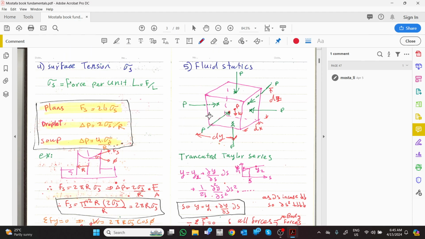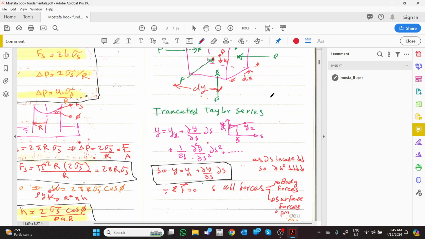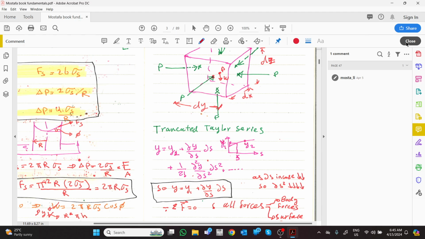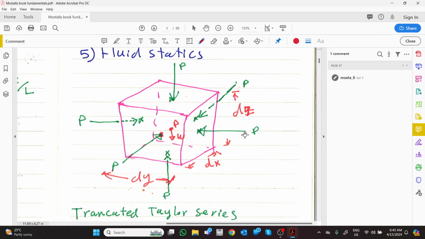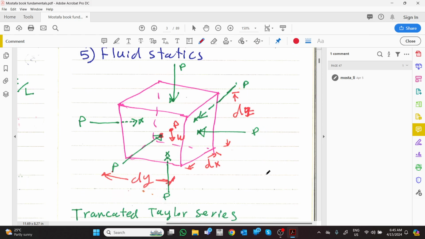Of course, I will correct this one. Okay, now the static bodies. It is very crucial to understand it. If we have a static body, a big body, we take a small slice of that body. The slice is a 3D slice, which is dx, dy, and dz.